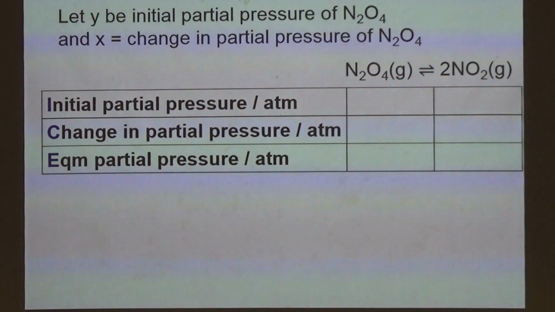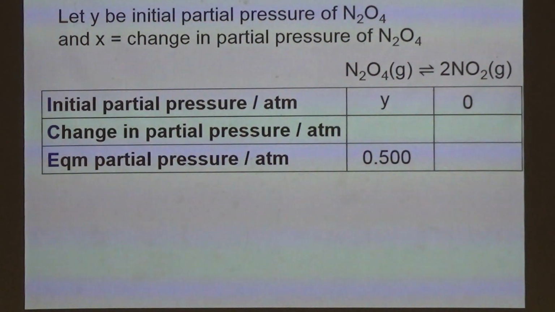So if I fill in this table using X and Y, this is what you're going to have. The initial partial pressure of N2O4 is going to be Y, and for NO2 it is 0. I know that the equilibrium partial pressure of N2O4 is 0.500 atm because that was given to me.